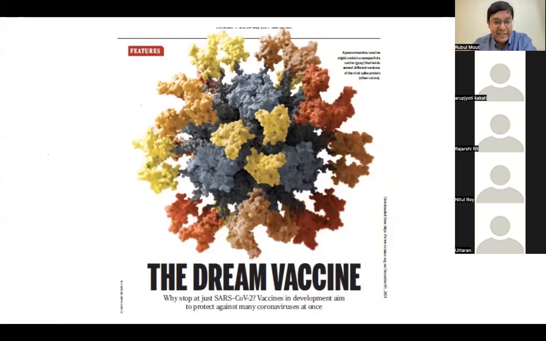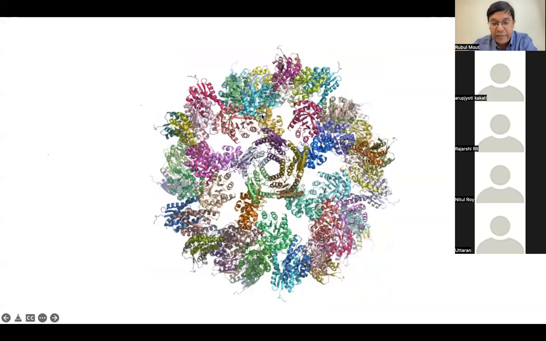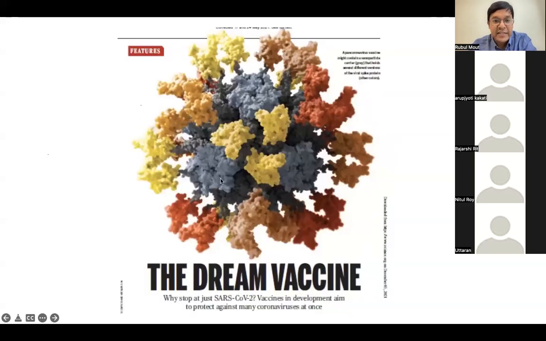Most of the current vaccines that we have today are good at neutralizing one strain, but when a new strain emerges because of mutations, a lot of these vaccines fail, right? So one strategy could be to use the core of this protein cage and attach different strains of spike proteins, so that it can neutralize many different coronaviruses.